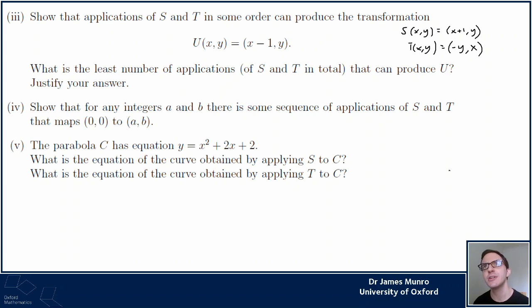I suppose when we were doing t lots of times, I saw some minus signs coming up, so I want to try and exploit some t's. I think it's clear that if you just use s, then it's pretty obvious what happens if you apply s lots of times. You add 1 each time, so you'll end up at x plus 2, y, and so on. So we're going to need some t's in there as well.